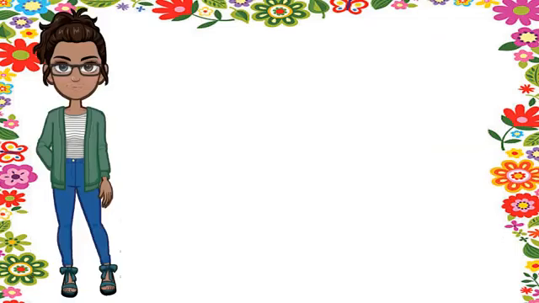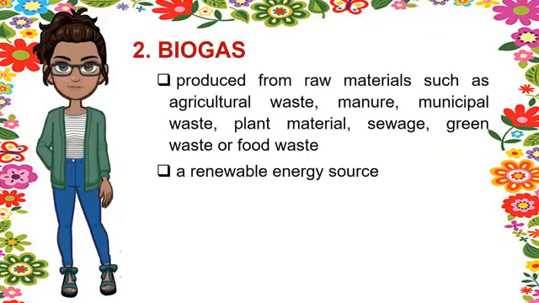The second source is biogas. This kind of energy can be produced from raw materials such as agricultural waste, manure, municipal waste, plant material, sewage, green waste or food waste. Biogas is a renewable energy source.